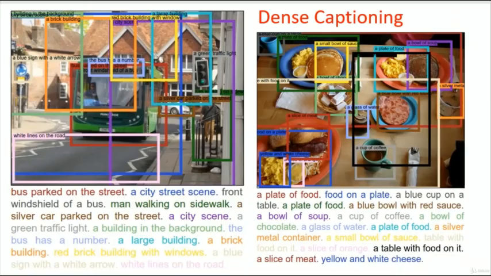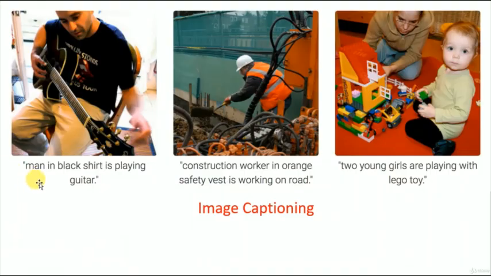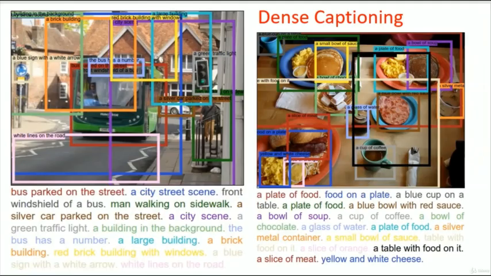Now, a slightly more expanded version of image captioning is called dense captioning. So rather than describing a single image with a single global sentence that describes this image, what we do is we describe each object in an image. So we apply image captioning not to the whole image, but to each object in an image. Okay, so this is just an extended version of image captioning.